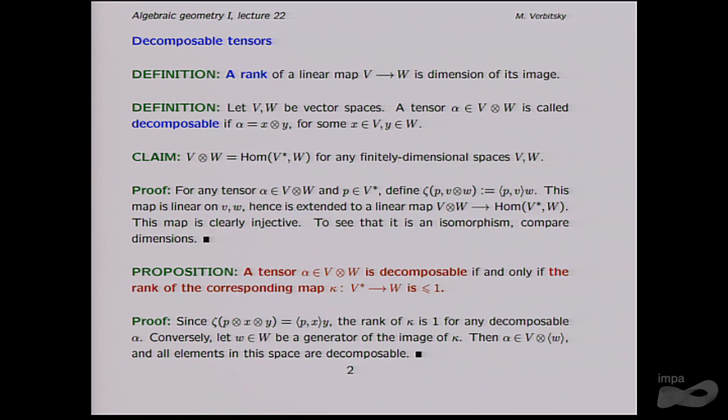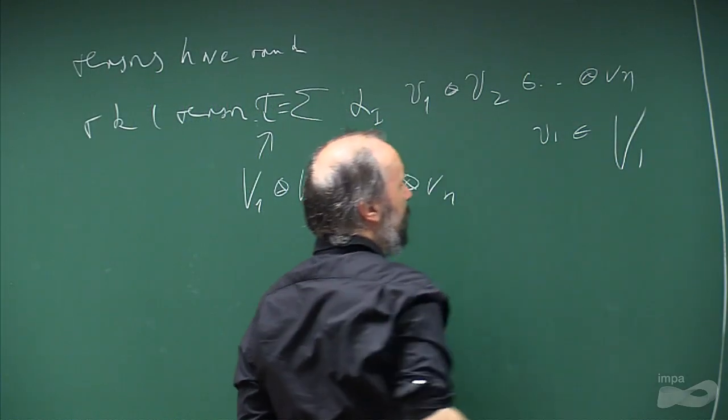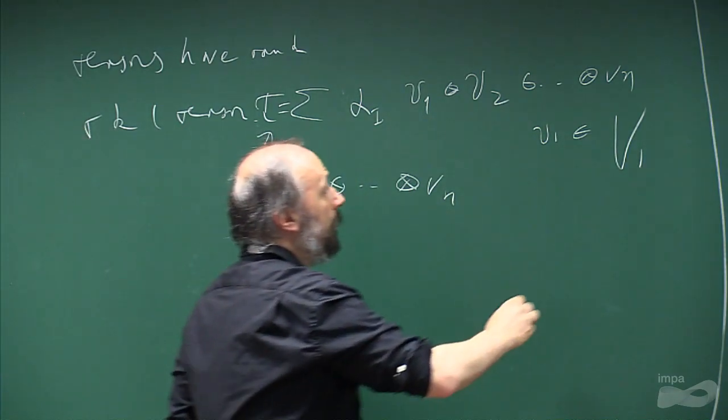So you have a tensor tau inside the tensor product V1 times V2 times and so on times Vn, and you obtain it as a sum with coefficients lambda i of v1 times v2 times and so on times vn, where vi belong to the space Vi.